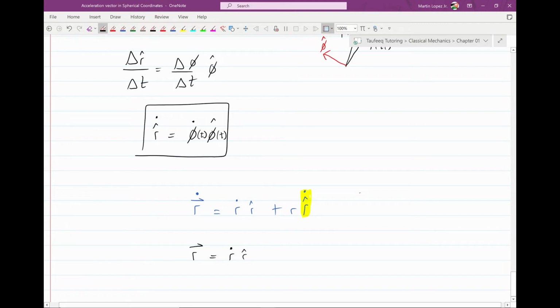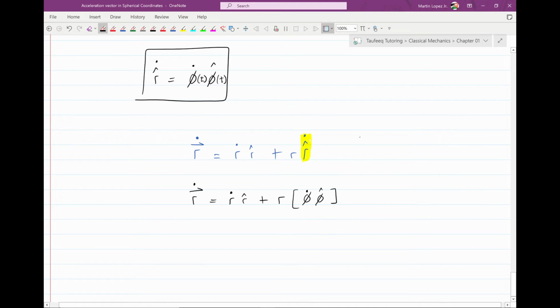We have r dot r hat plus r phi dot phi hat. And this is a dot here. Okay, just to get rid of the parentheses and brackets, r phi dot phi hat. Now, let's try and make more sense of what this is.